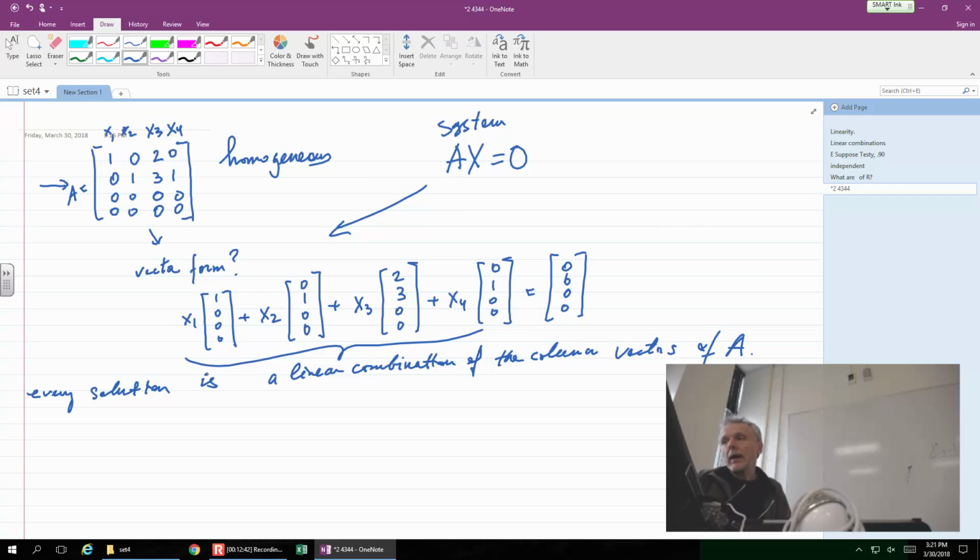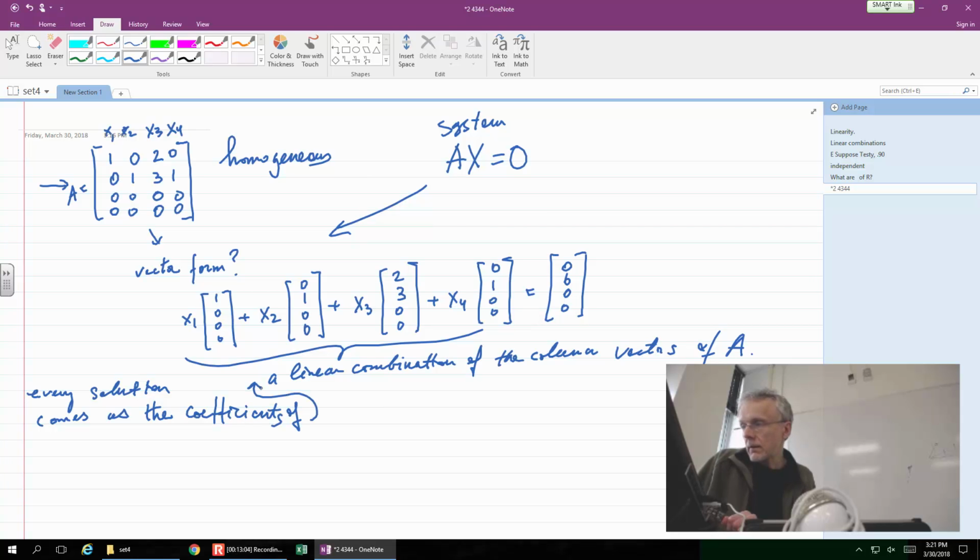Every solution comes as the coefficients of a linear combination of the column vectors, so that it would produce the right-hand side as we want. It happens to be a homogeneous system, producing zeros.